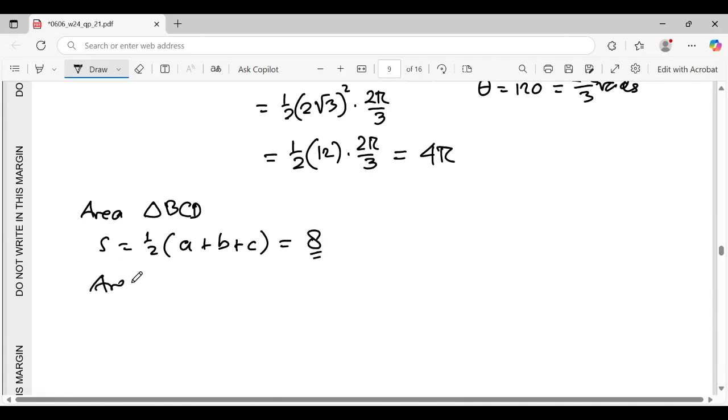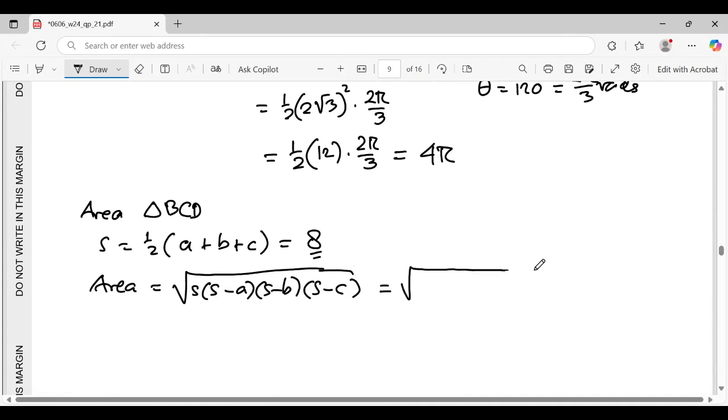And the area of this one, triangle BCD, is the square root, based on Heron's formula, of s times s minus a times s minus b times s minus c. So it becomes square root of 8 times 8 minus 5. a is 5, 8 minus 5. b is 5.